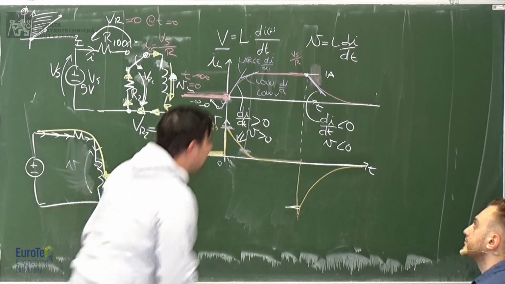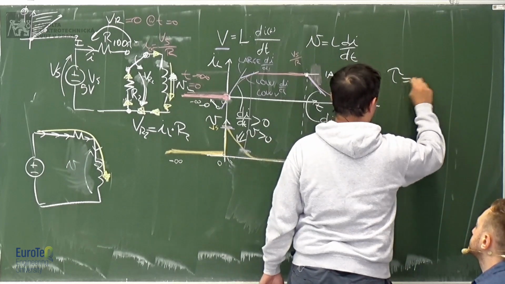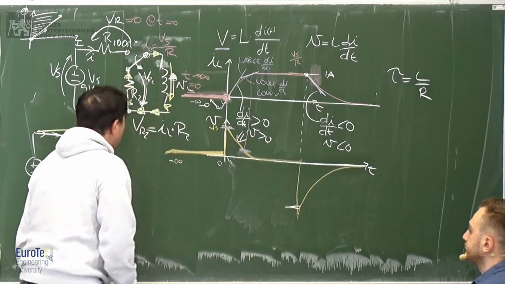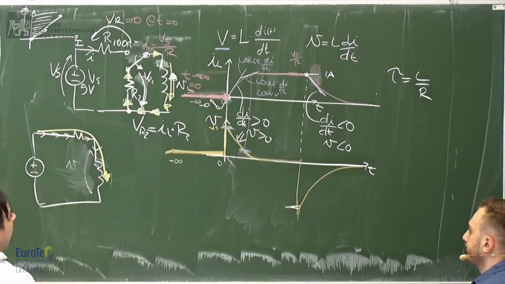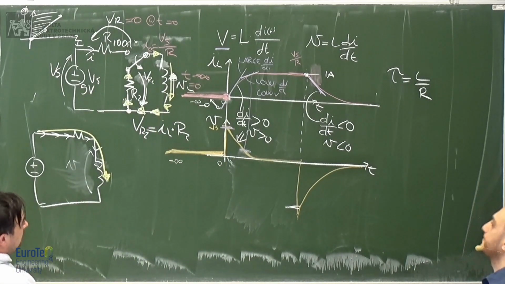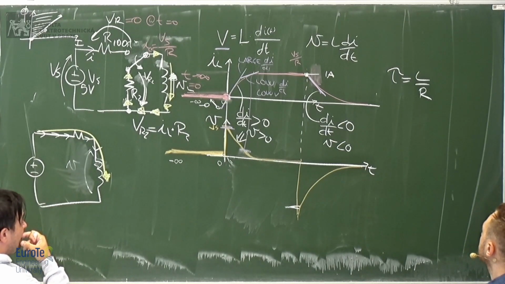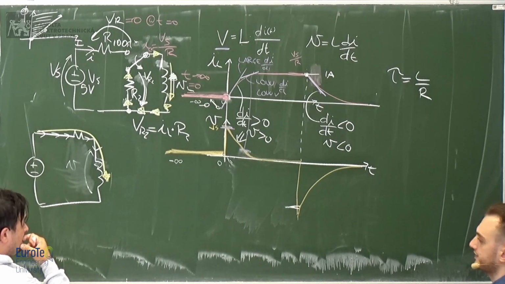Now, this tau is L over R, okay? Because what happens if we have bigger L? Well, your time constant increases because there's more energy needed to energize the inductor.